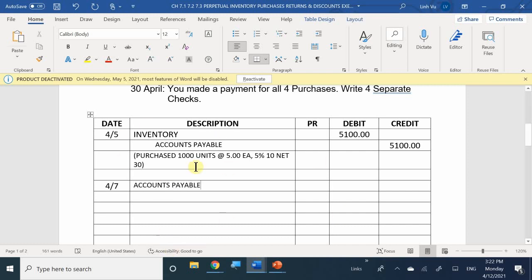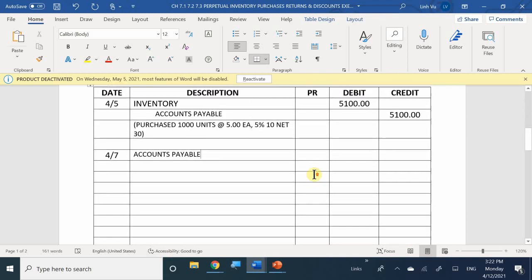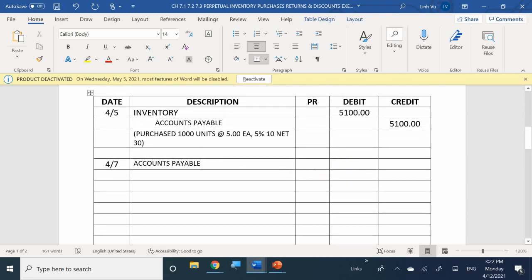We did 200 times $5, which is 1,000. So here we're going to refund $1,000 because we returned 200 items at $5 each. We placed it into inventory, so it's going to come directly out of inventory. And here, return 200 units at $5 each, full refund.